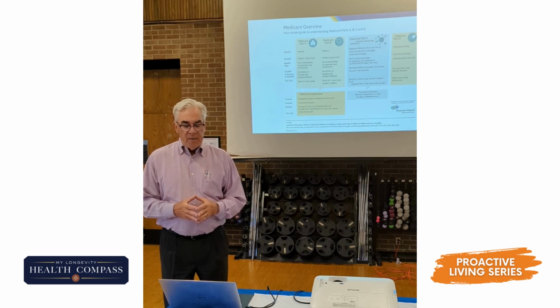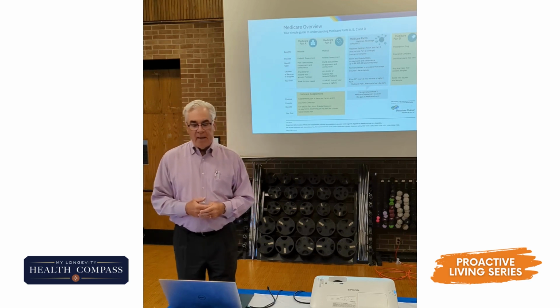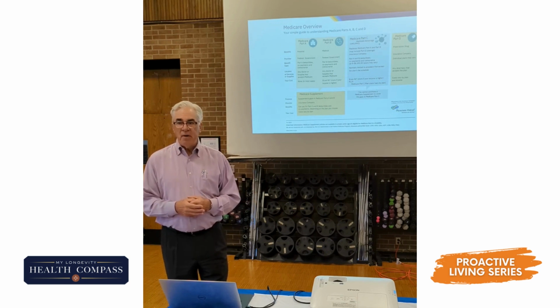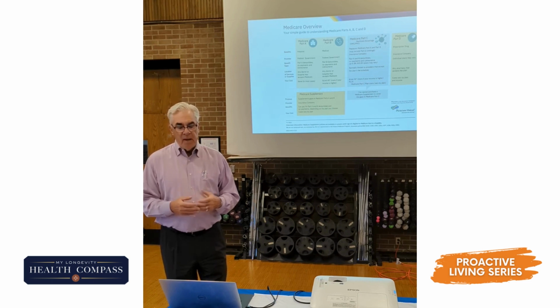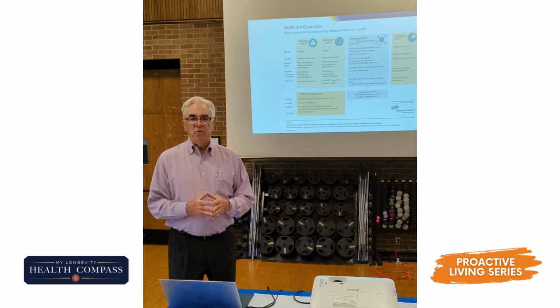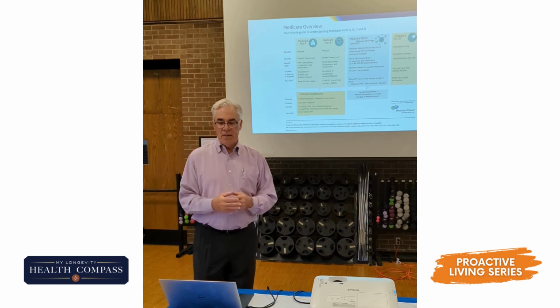With Part A, there are deductibles and co-payments associated with services, and one is allowed to see any provider throughout the United States that accepts assignment of benefits from Medicare. For most individuals, Part A is going to be zero premium. That applies to individuals who have worked at least 40 quarters or 10 years during their career and contributed into FICA and Social Security tax.